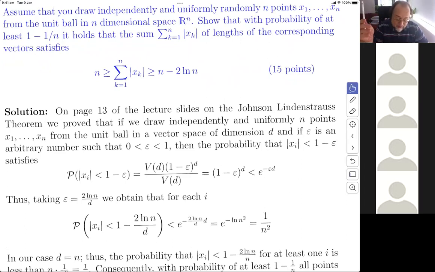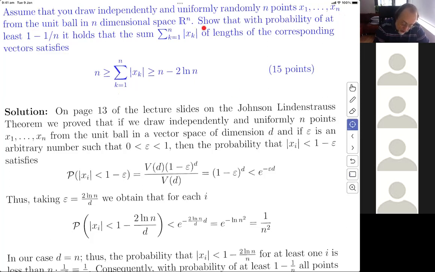The dimension is usually d, the number of points is n, and usually n is smaller than the dimension, but not necessarily, right? So here we are drawing exactly the same number of points as the dimension of the space, and we do that from the unit ball.